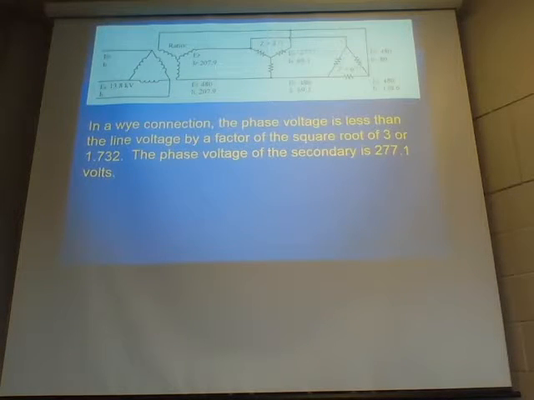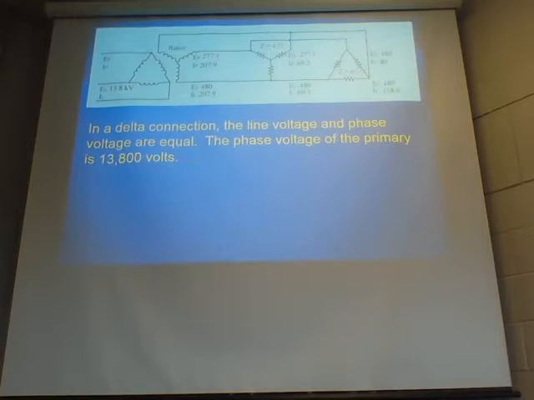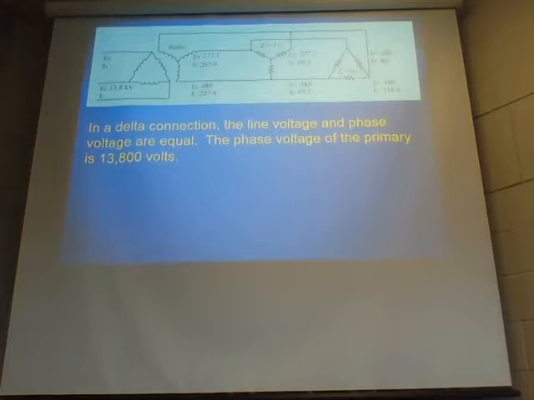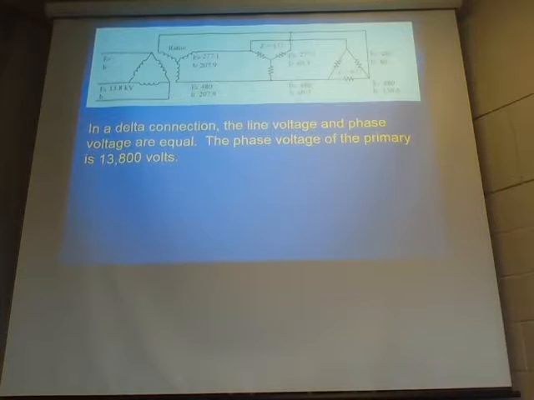In that Y connection, the phase voltage is less than the line voltage by a factor of square root of 3. 480 volts divided by square root of 3, 277.1. In a delta connection, line voltage and phase voltage are equal. So the phase voltage of the primary is 13.8 kV.